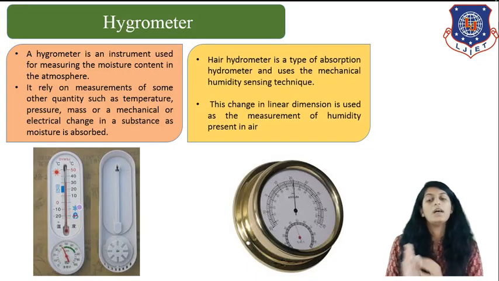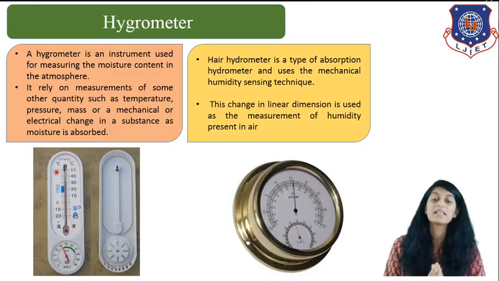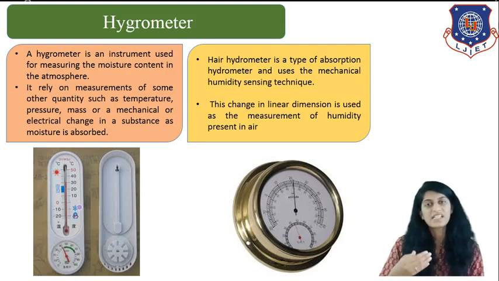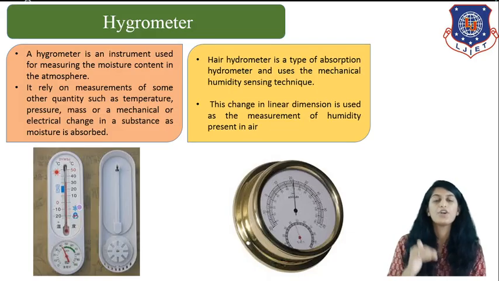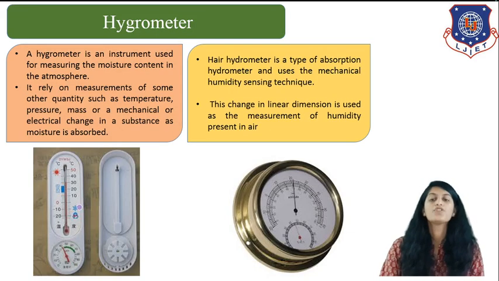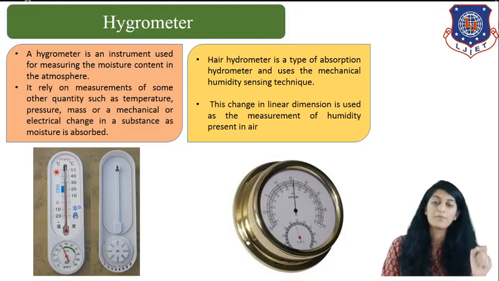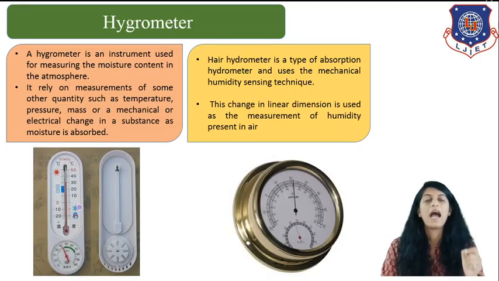This hygrometer is basically a hair hygrometer. It is typically used to determine the moisture content or humidity of ambient air. A hair hygrometer is a type of absorption hygrometer and it uses a mechanical humidity sensing technique.